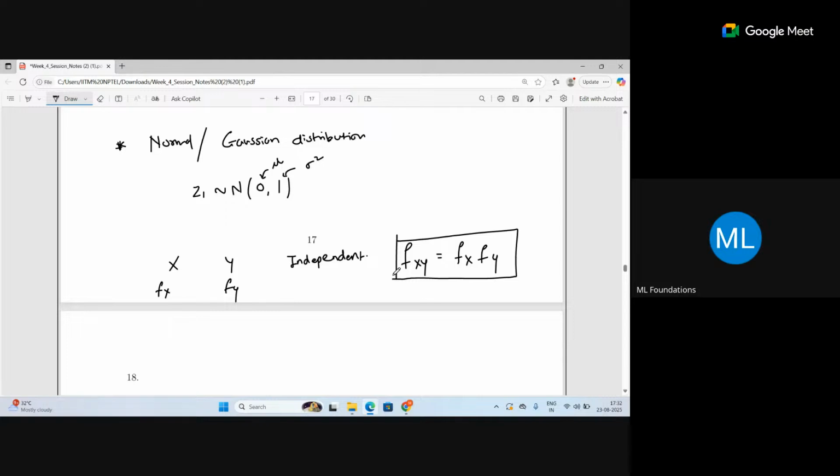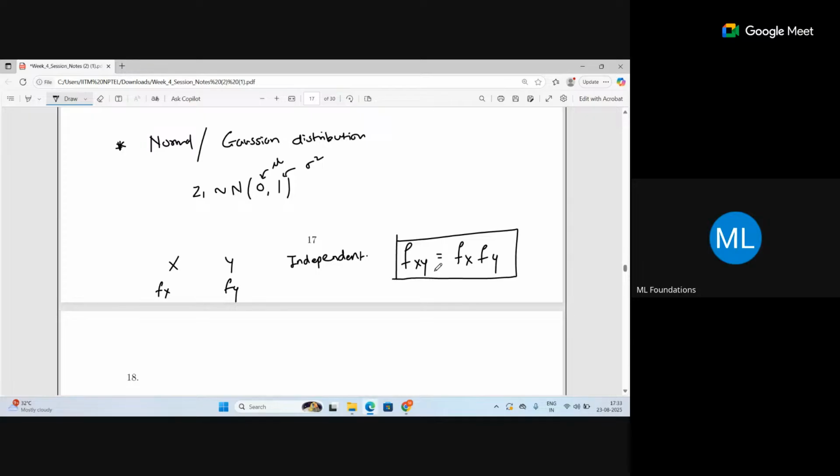Any question? Sir, most of the time in the question it won't be mentioned whether the random variables are independent or not. Then how do we identify it? If it is not mentioned, that means they are not independent, right? But not always? See, if it is not mentioned, how will you find out whether it is independent or not? There is no other way.